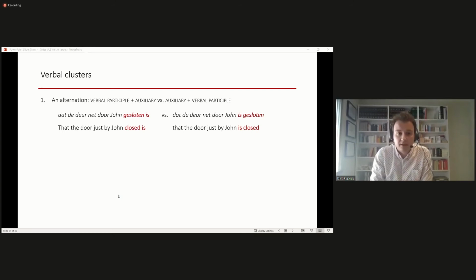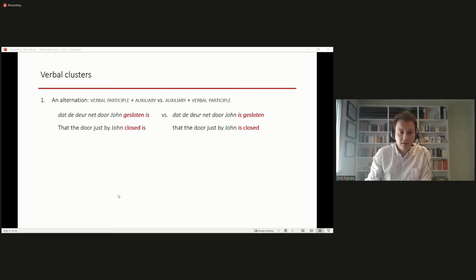For instance, in "dat de deur net door John gesloten is." So literally that the door just by John closed is. That the door has just been closed by John. Versus "dat de deur net door John is gesloten." That the door just by John is closed. With the same meaning, that the door has just been closed by John.